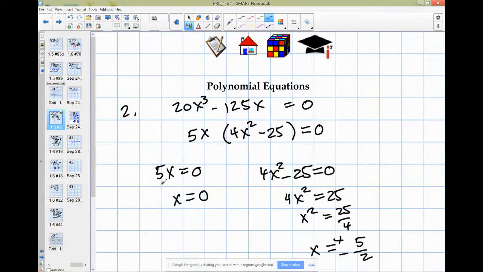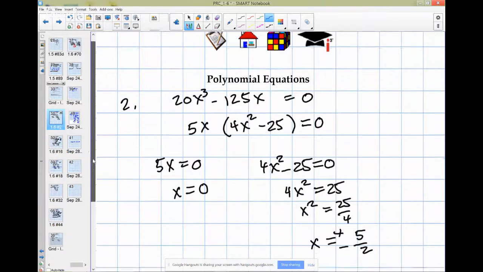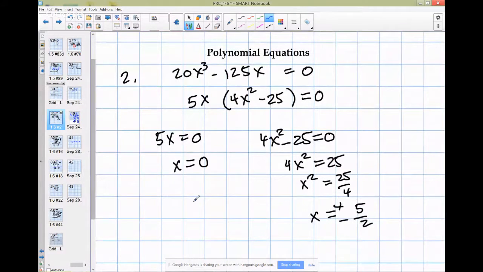So we set each factor equal to 0 and do the algebra to solve. The left side is really easy: 5x equals 0. The one on the right isn't very hard either. We could add 25 to both sides, divide both sides by 4, and then take both square roots.